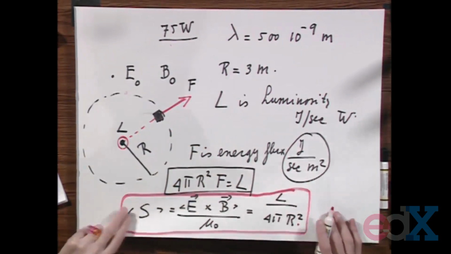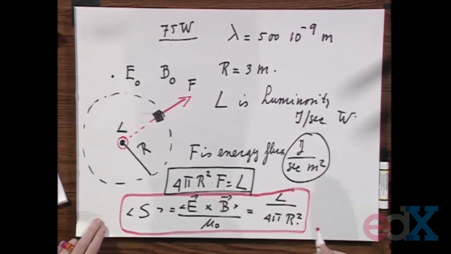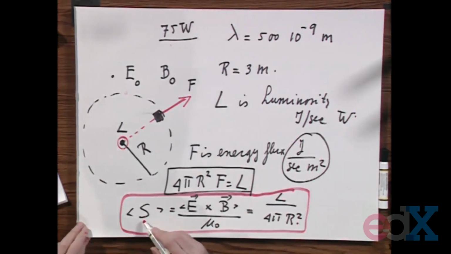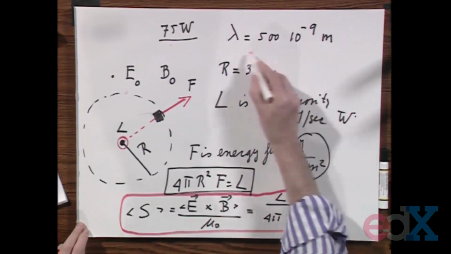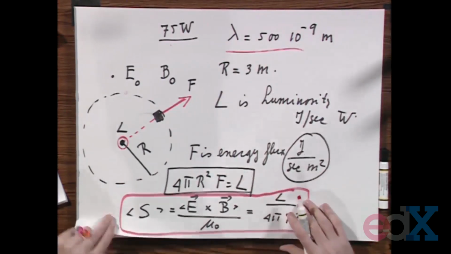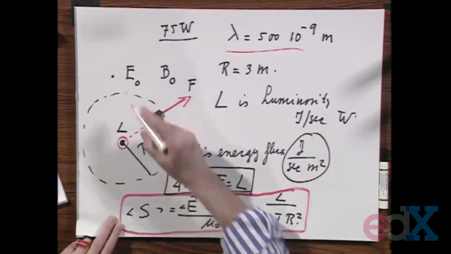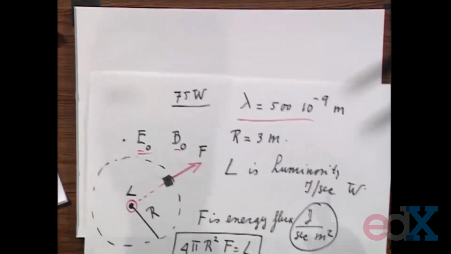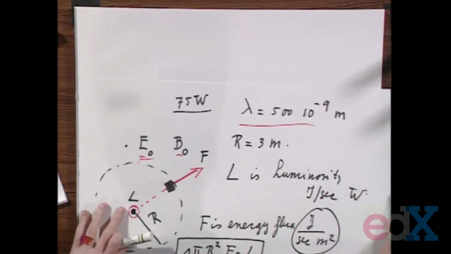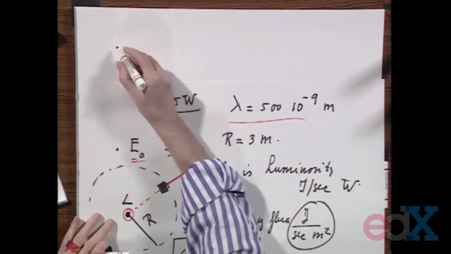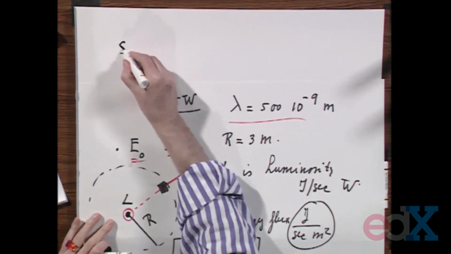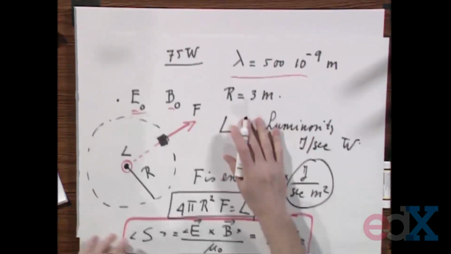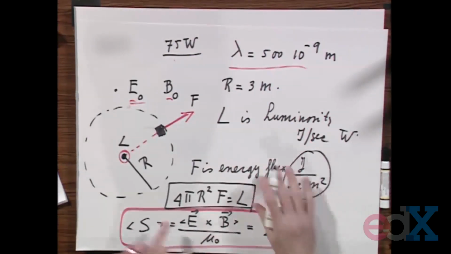So let us pursue this a little bit. Notice, by the way, that the Poynting vector is completely independent of the wavelength lambda. So if now you are being asked what is the E0 and what is the B0, you effectively have to use this equation. We know that the mean Poynting vector S is the mean value of this quantity.